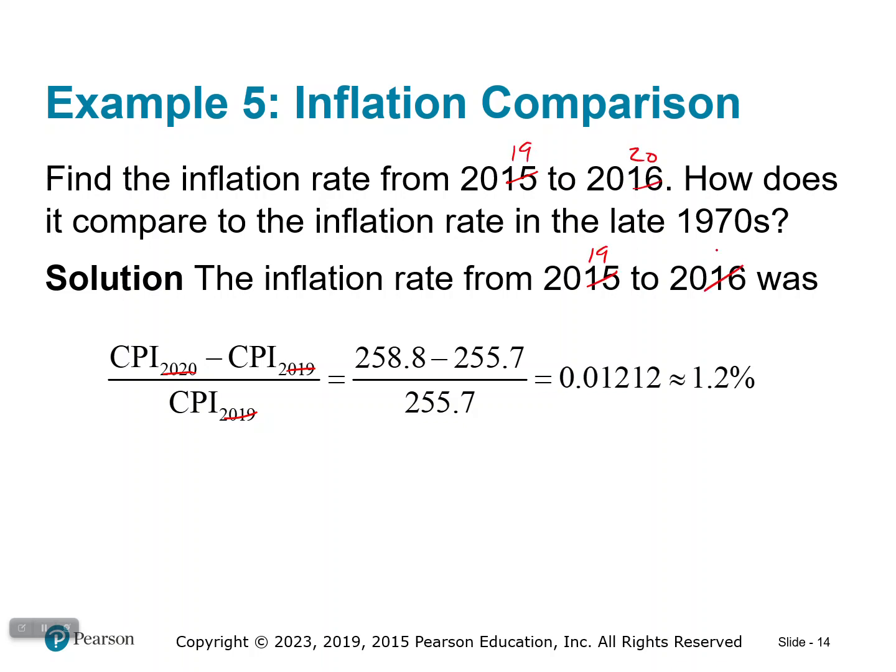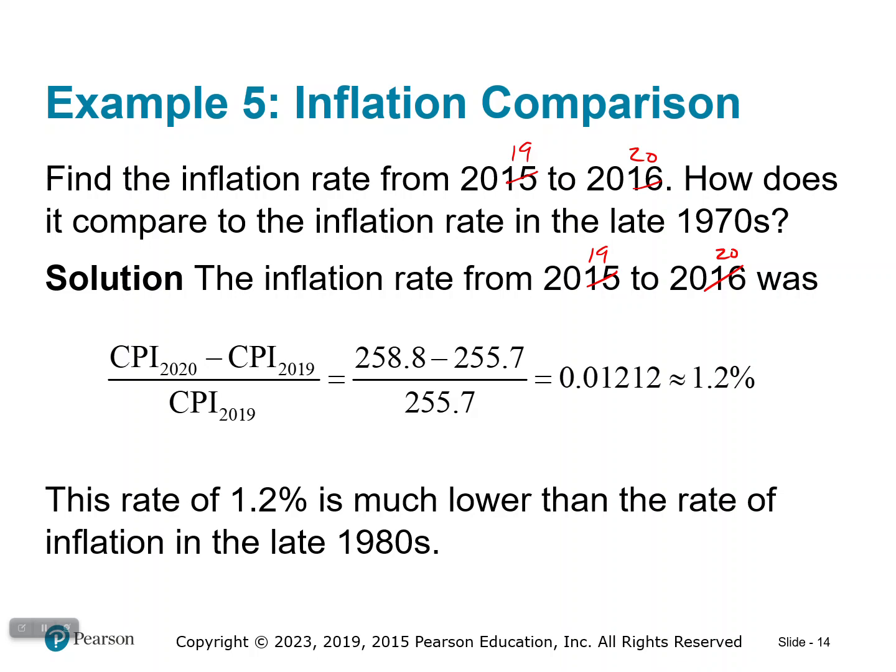And I apologize for not catching that before I came here. We'll keep these numbers. We just changed the problem. I apologize. I didn't catch those first. But they should absolutely be related to the years that you're talking about. The rate of 1.2% is much lower than the rate of inflation in the late 80s or the late 70s, which they asked us about. I don't know. That was my bad.